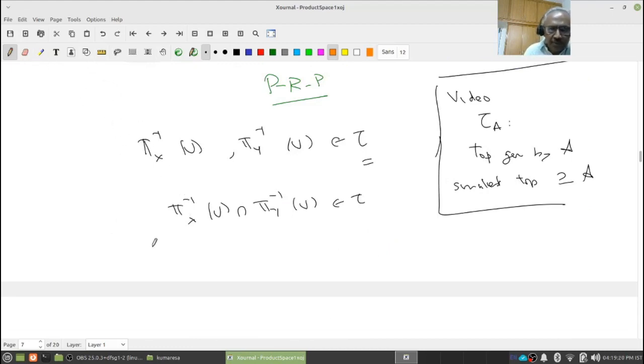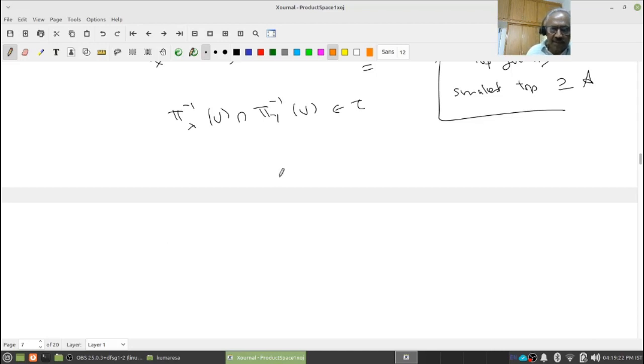Now we are going to define a topology. This is exactly defined using this A, but I will pretend that we do not know. Therefore the topology tau I am going to define is the set of all w in x cross y, right?